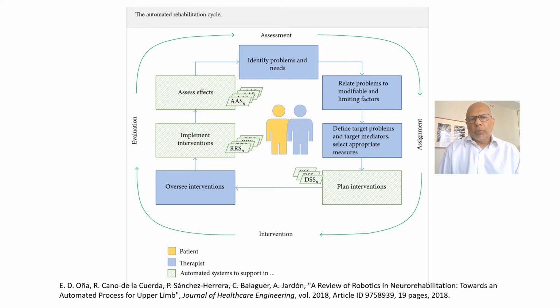The role of robotic rehabilitation can be both in assessment and in a decision support system to provide the specific intervention. These two areas can be automated with the use of robots, and this is the future of robotic rehabilitation.